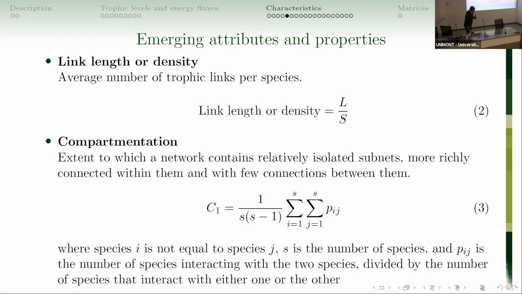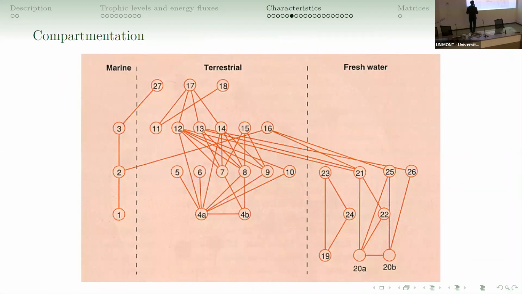And I have an example here that makes things very easy. This would be a food web, but there are three compartments here. It's a food web that is in three habitats. When your definition of a food web includes different habitats, it's likely that you have at least one module, one compartment, in each habitat, because the species of freshwater are more linked within each other than with the species that are in another habitat.